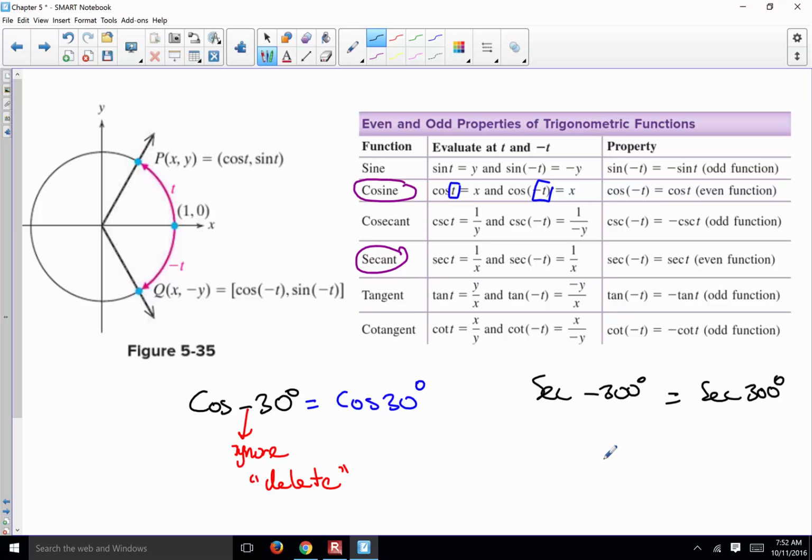Okay? Make sense? About oddness. What does oddness mean? On oddness, unfortunately, you are not allowed to wipe off that negative sign. No. The remaining 4 are odd. Sine, cosecant, tangent, cotangent are all odd. That means if you have a sine of negative 30, for example, you can't wipe off this negative.